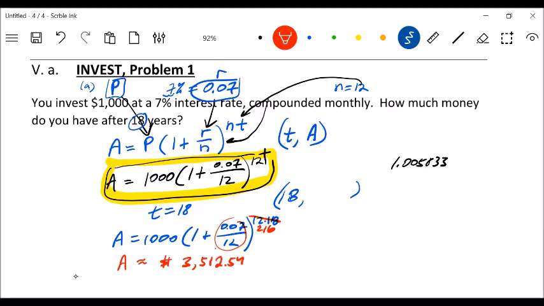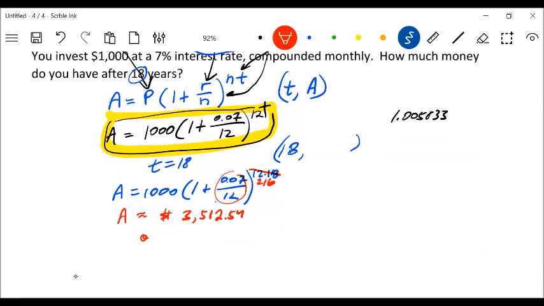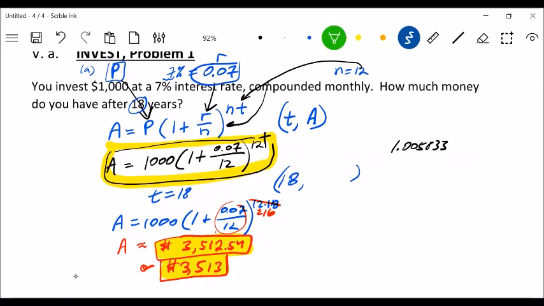$3,512.50, which could be rounded to $3,513, because at that large amount, the actual pennies don't really mean so much. So this is acceptable, or this is acceptable. And think about where it came from: originally you just put $1,000 in and you let it sit there for 18 years.